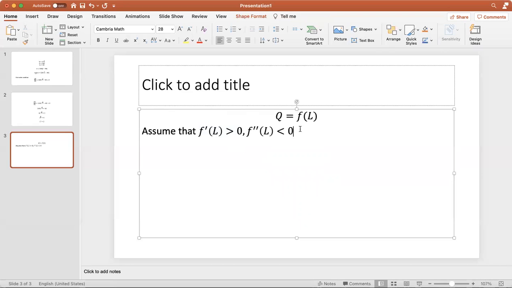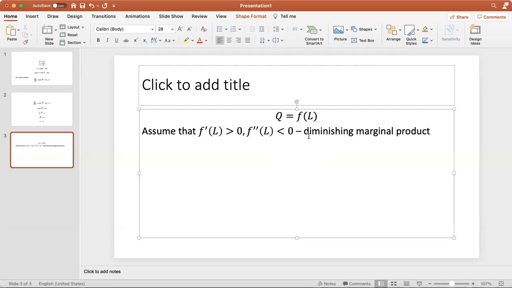It means that your production function is increasing at a decreasing rate. And this basically invokes your diminishing marginal product. As you hire more workers, the additional contribution to the total output diminishes. Right? The contribution of the last worker diminishes as labor increases.